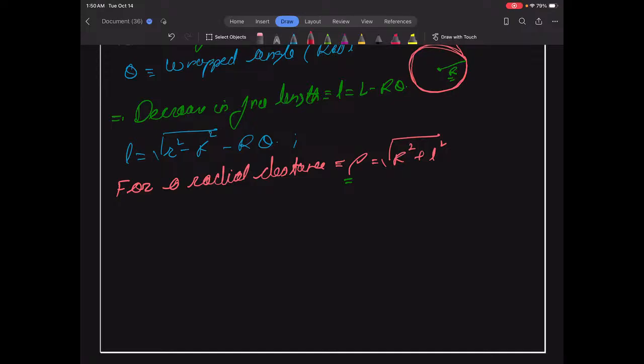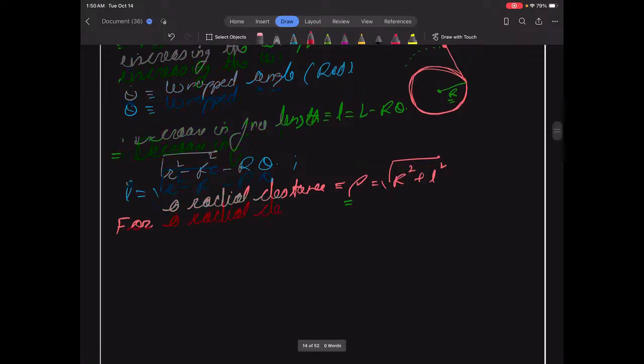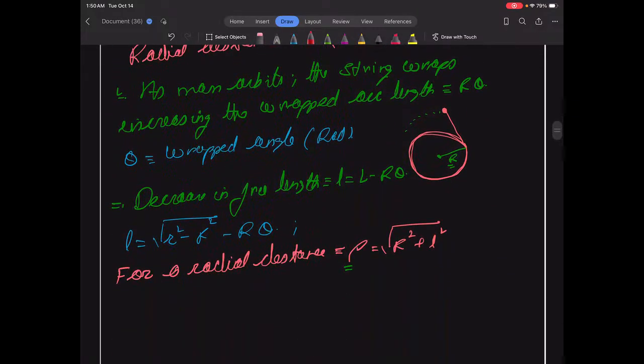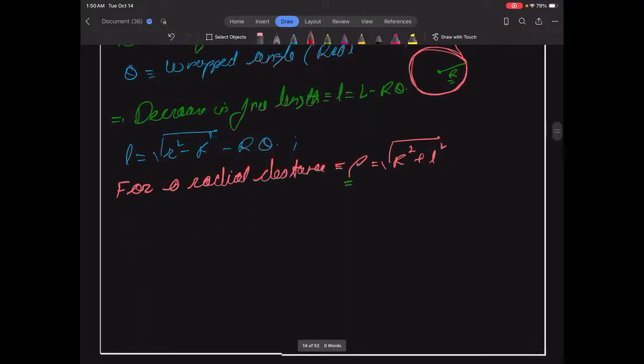So first of all, let us once again try to find out the conservation of our angular momentum. And like we said, the force of tension will be tangential to the circle. So in this case also the force of tension will be tangential to the circle.